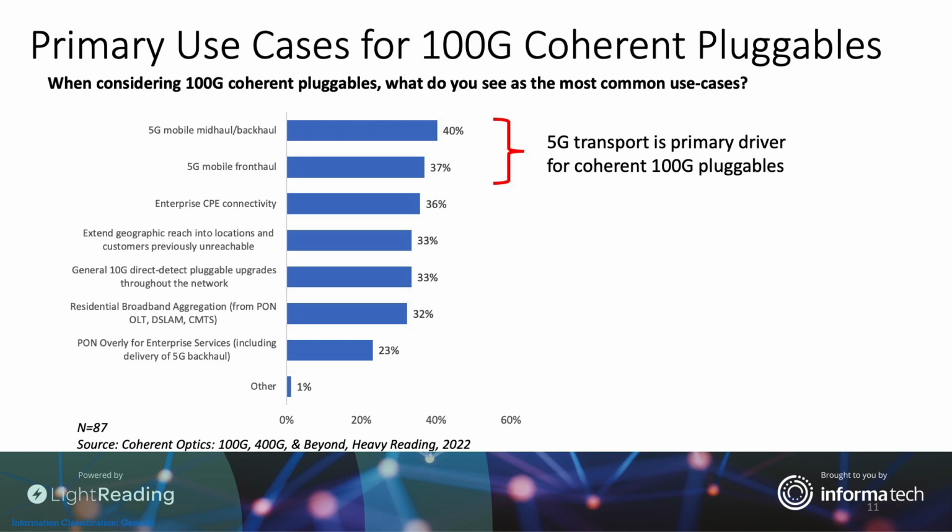Sure. We have found 100 gig coherent optics absolutely useful, and it also goes back to what you were mentioning about XR optics. XR optics offer long distances using coherent technology for multiple sub-wavelengths, doing your add drops at the optical layer.